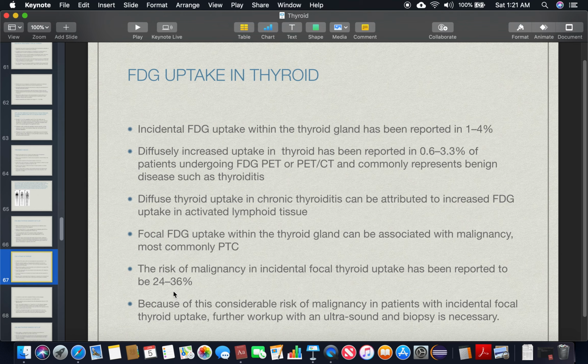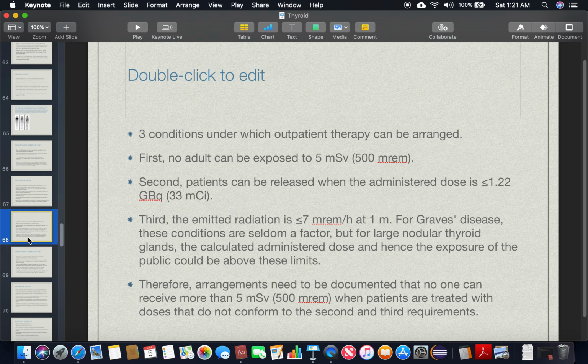The risk of malignancy in an incidental focal thyroid uptake has been reported as high as 36%. Because there is a significant risk of thyroid cancer, a further workup is indicated with ultrasound and biopsy.